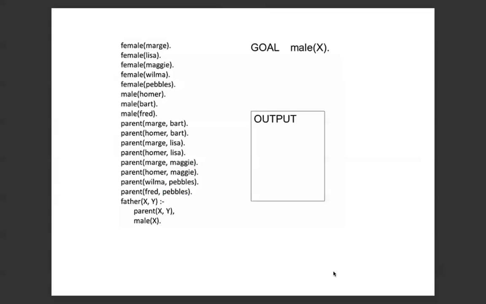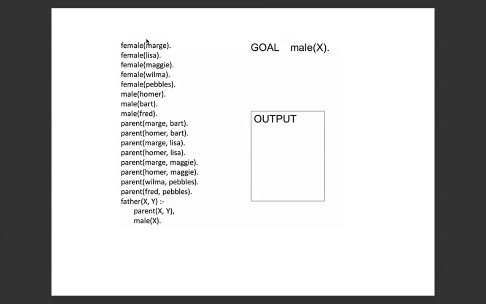Now, let's say this is my query right here. Now I want to find out who are males. So basically what happens is that my Prolog will start searching from top to bottom, and look through all of the facts written here with male as the predicate.